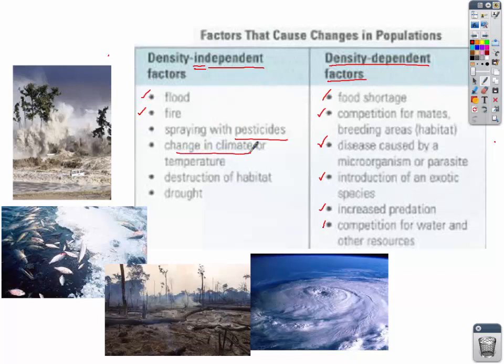It doesn't matter the population of a species. These things are going to impact the population. Destruction of habitat, drought. It should make sense to you that any type of natural disaster, for example, doesn't matter what the population is, it will affect that. So you have density-independent factors, and then you have your density-dependent factors.